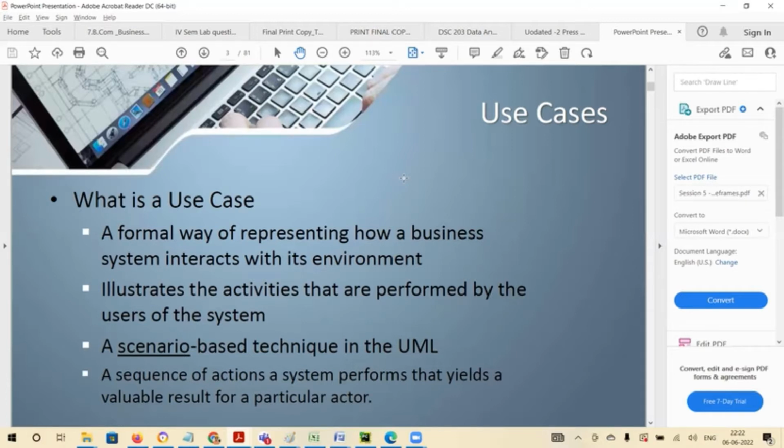So what is a scenario-based technique? You should remember that example: the fire in warehouse example. Based on the scenario, we come up with one specific scenario and describe it.